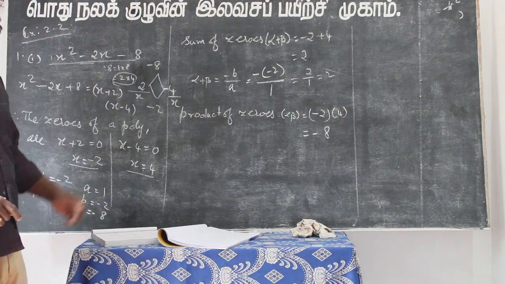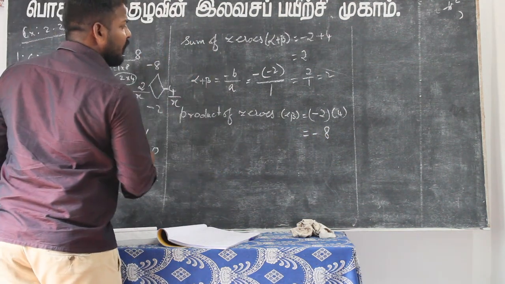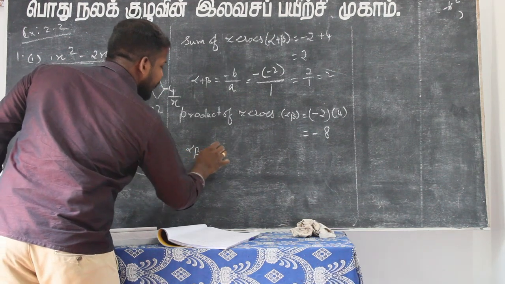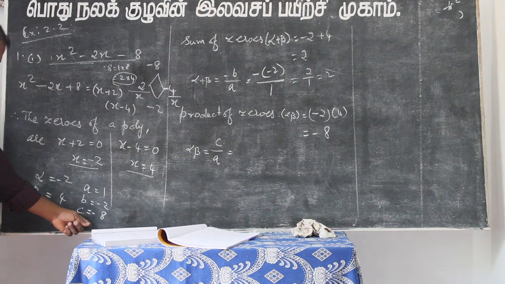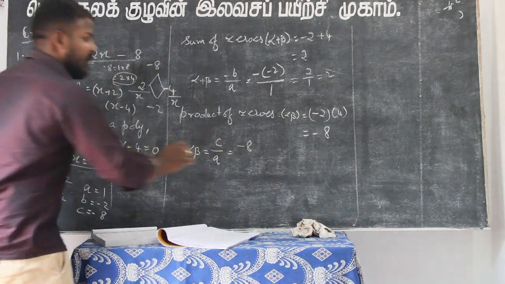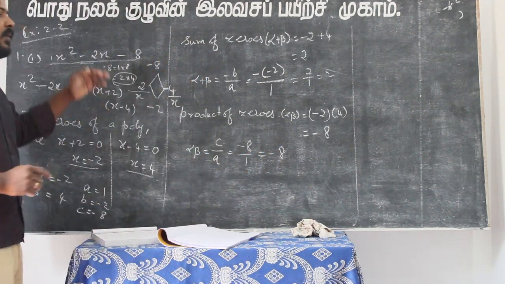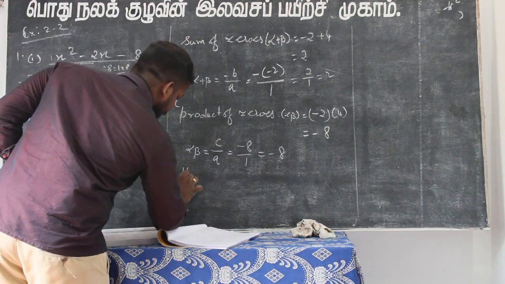Minus 2 into 4, we get minus 8. What about the coefficients? Alpha into beta is equal to c divided by a. C is equal to minus 8 and a is 1, so minus 8 divided by 1 is minus 8. So this is verified. Hence verified.